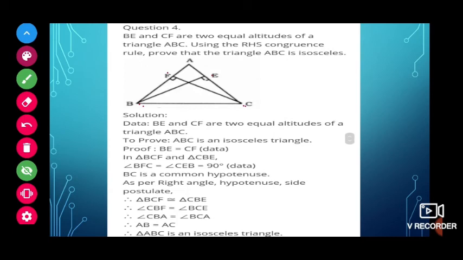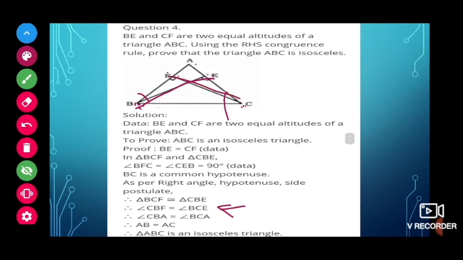In the two triangles, they have given that angles CBF and BCE, these both angles are equal, and also angle CBA and BCA, both are also equal. So we can say that these both sides are also equal.